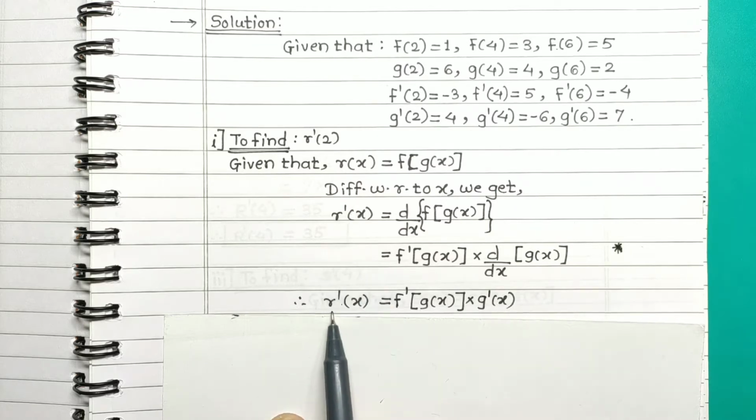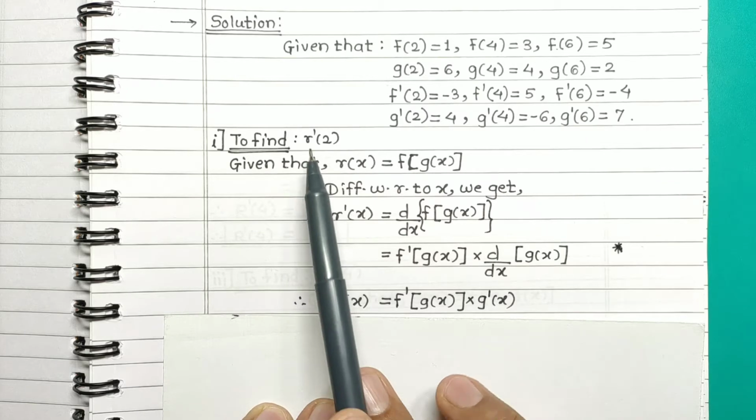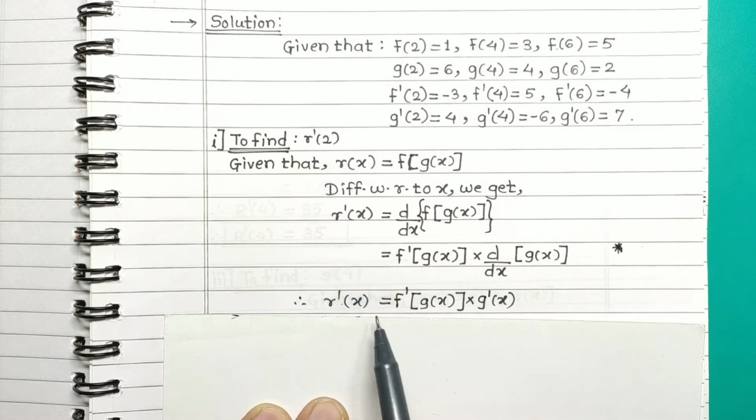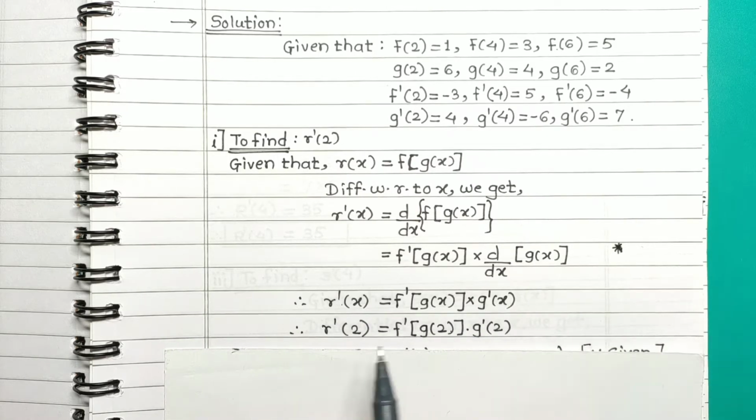So we have r dash of x is equal to f dash of g of x into g dash of x. Now we have to find r dash of 2. So by substituting x is equal to 2 in this equation, we get r dash of 2 is equal to f dash of g of 2 into g dash of 2.